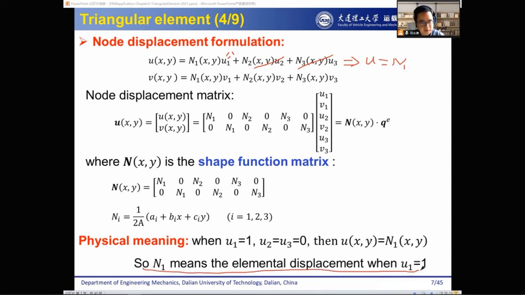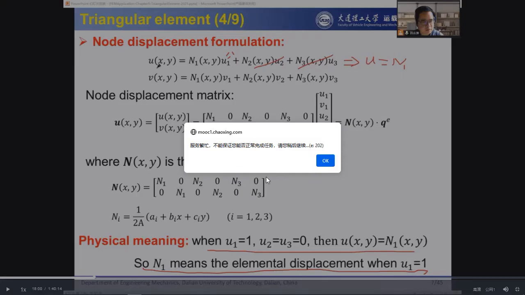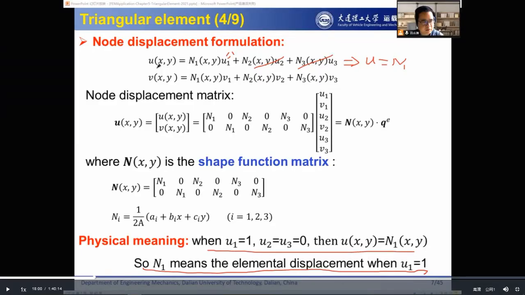If you learn some courses, they tell you the physical meaning of some equation or some variables. So this is mathematics, which means you get those from mathematical operations.